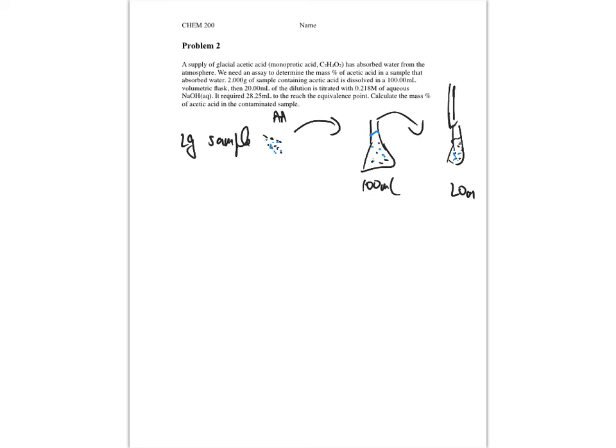Well, how much should we titrate with? We titrate with NaOH, and what do we know about the NaOH? Well, we know its concentration is 0.218 molar, and we know the volume, 28.25 milliliters. Well, that's great because the NaOH only reacts with the acetic acid according to this balanced chemical equation here.